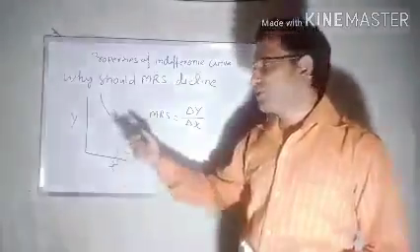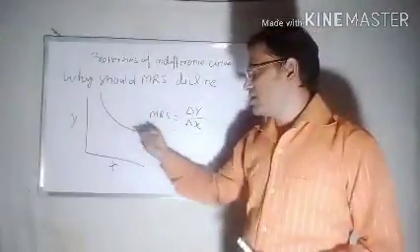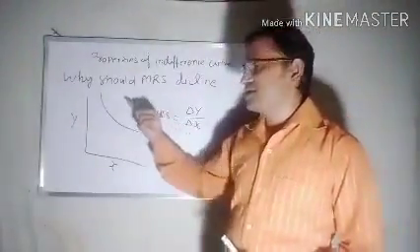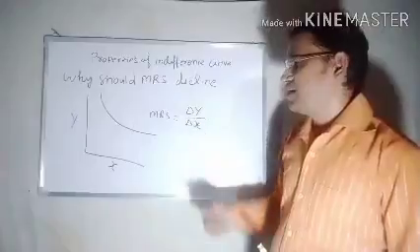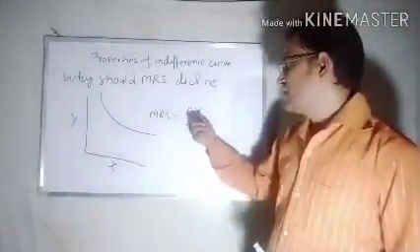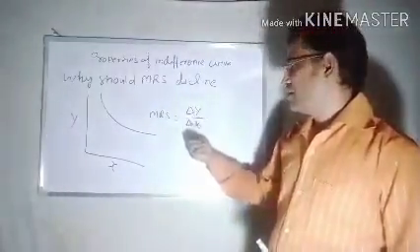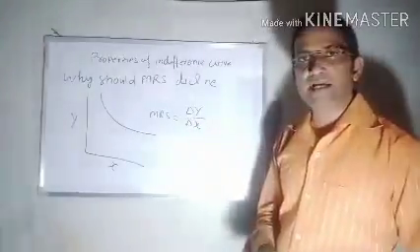Because of this, the slope of the IC curve is declining from left to right. Now we can write MRS like delta Y upon delta X. Delta means change in Y and delta X means change in X.